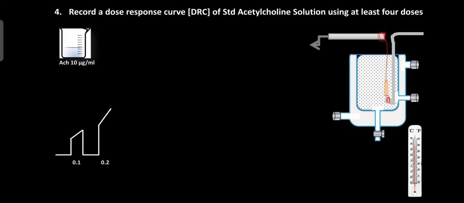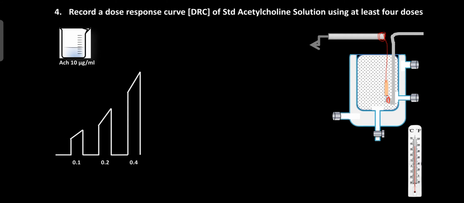After 30 seconds, stop the drum, change the Tyrode solution, then record the baseline for 30 seconds, then add 0.4 ml of acetylcholine solution and record the responses for 30 seconds. After 30 seconds, stop the drum and change the Tyrode solution at least 2 to 3 times.